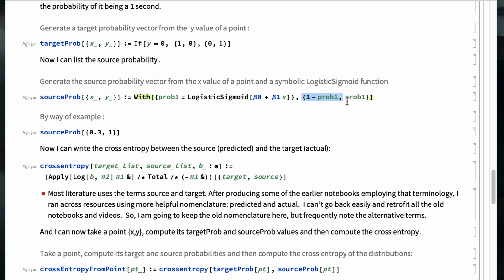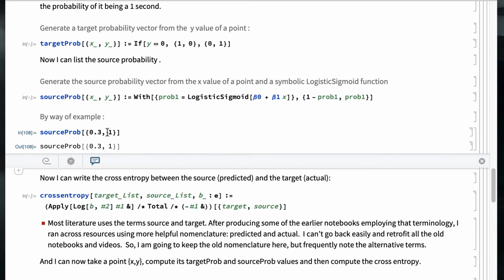So that if you sum these values up inside the vector, you can probably see that that has to equal 1. So just so we understand how it works, let's take the point 0.31, and that's going to have a source probability of, let's make sure we get that evaluated.